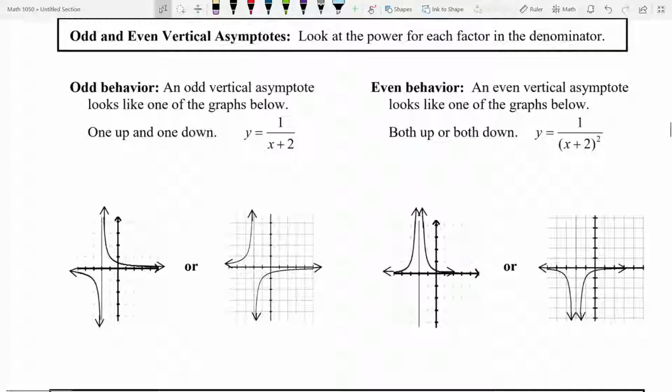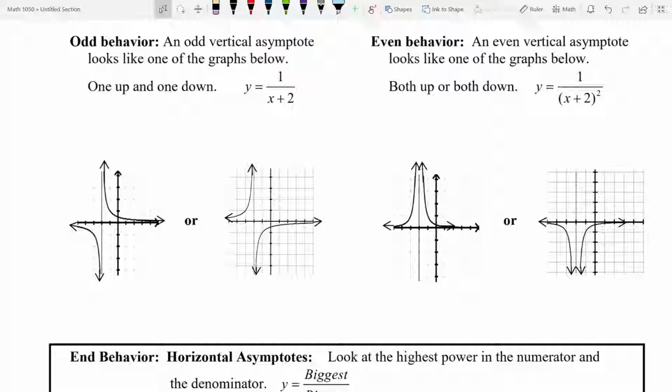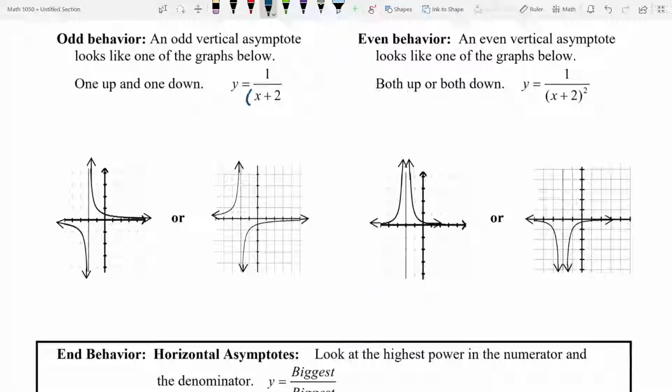Okay, odd and even. So you have to decide if the asymptote is odd or even. Understanding this right here is huge to being able to graph it on Monday, okay? Everybody look at this first one. See the x plus 2 on the bottom? I want you to put parentheses around it, and I want you to raise it to the first.